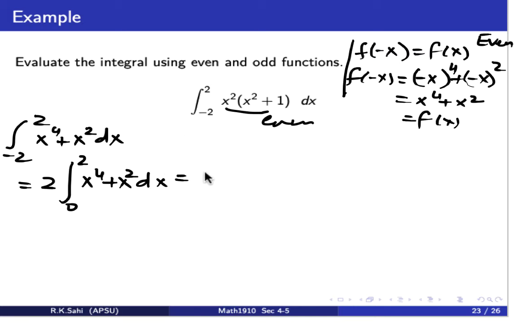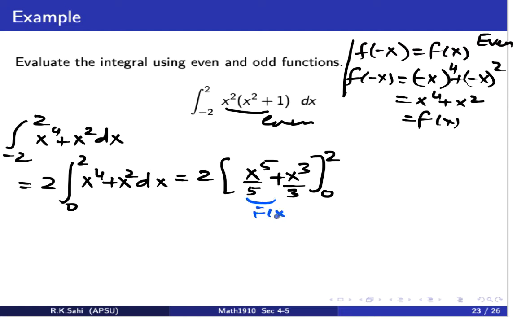Okay, let's do the math. It's 2 times x^5 over 5 plus x^3 over 3, from 0 to 2. Now remember, this is the antiderivative F of x, which is now equal to 2 times F of 2 minus F of 0.